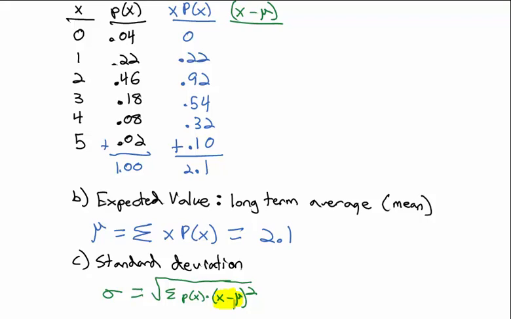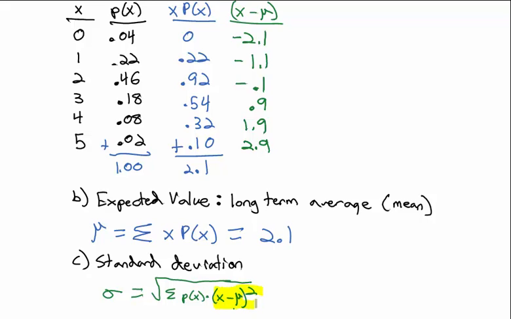So again, doing the parentheses, x minus mu. Mu, we've already found out, is 2.1. So 0 minus 2.1 is negative 2.1. 1 minus 2.1 is negative 1.1. 2 minus 2.1 is negative 0.1. 3 minus 2.1 is 0.9. 4 minus 2.1 is 1.9. 5 minus 2.1 is 2.9.